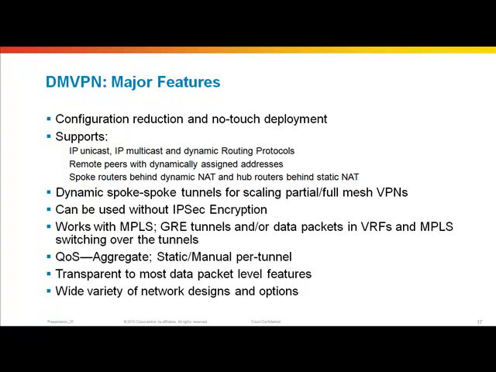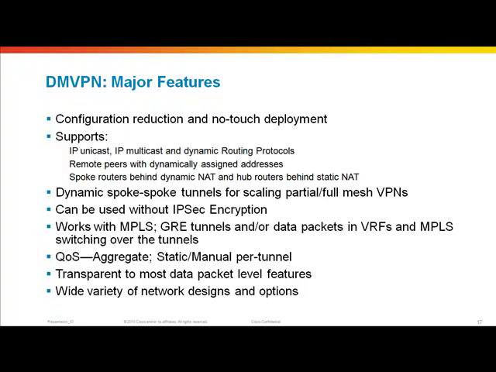We do support QoS. We can do aggregate QoS on the spokes, which means all the tunnels, we sort of measure them in aggregate. This says static manual per tunnel. That's actually slightly old. We came out with per-tunnel QoS, which is dynamic, for the hub to spoke traffic.